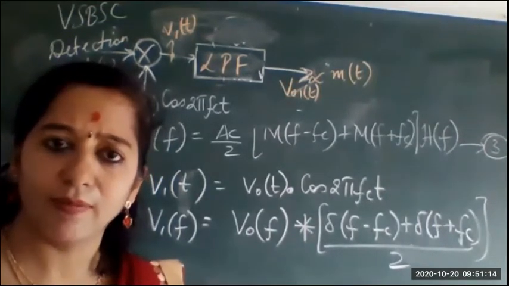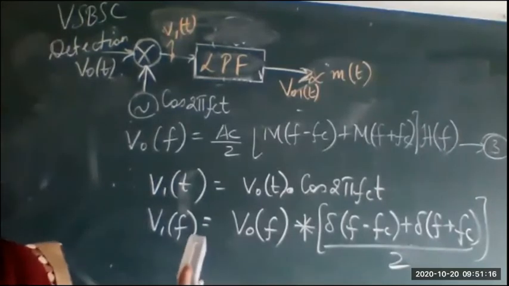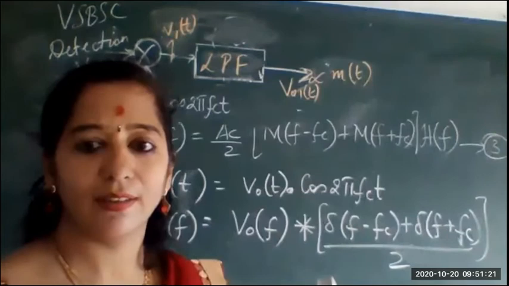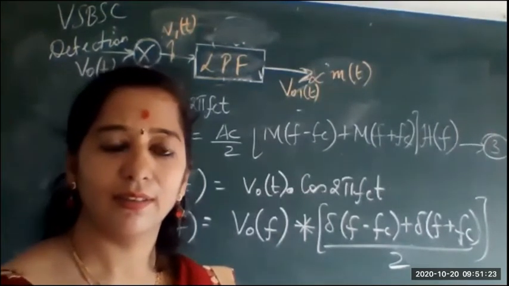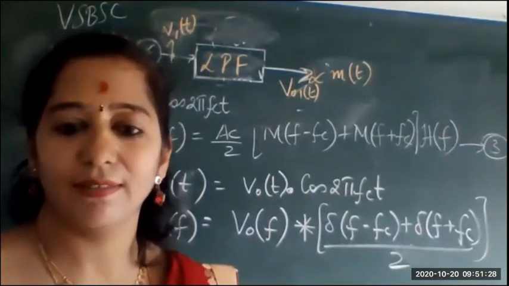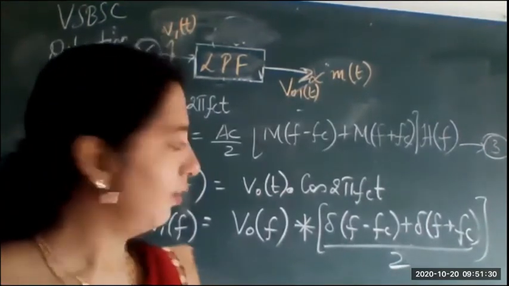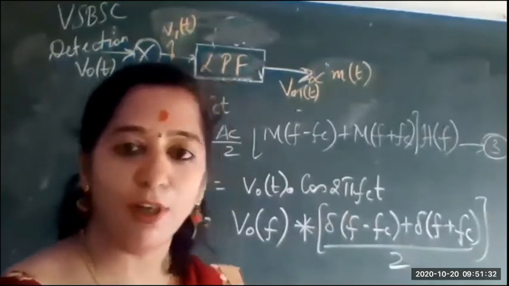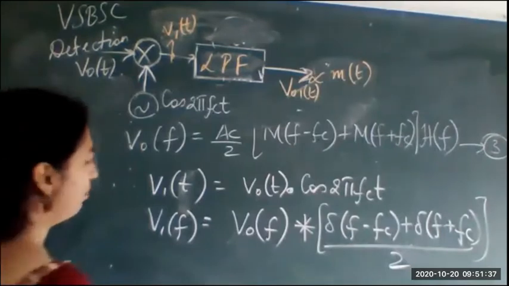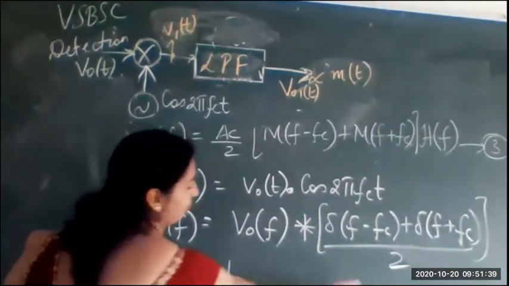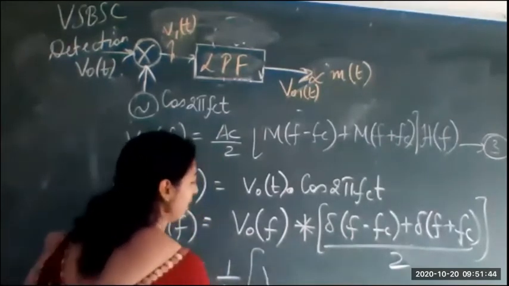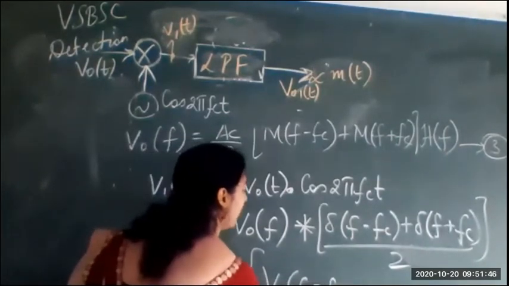Similar logic. What is V0 of f convolved with an impulse? We get V0 of f minus fc. We'll take it outside. V0 of f convolved with an impulse will be V0 of f minus fc.